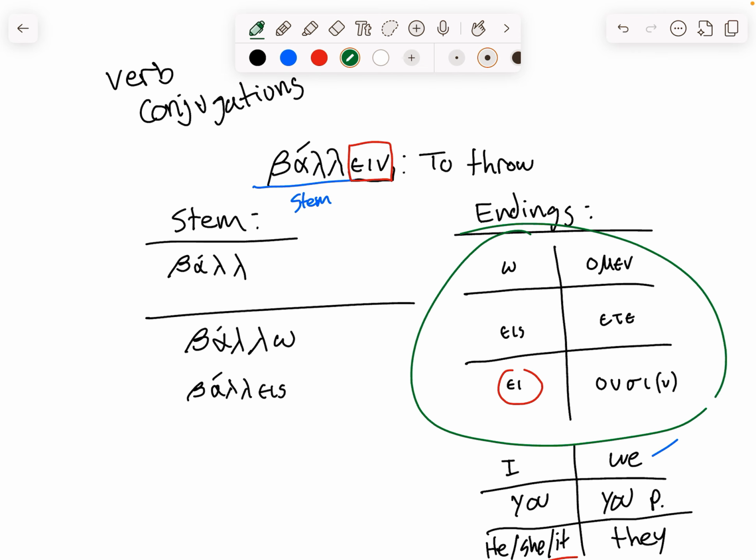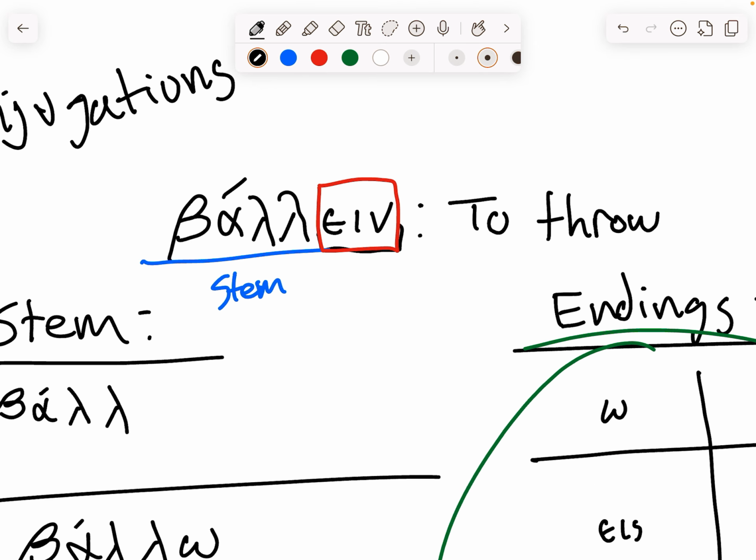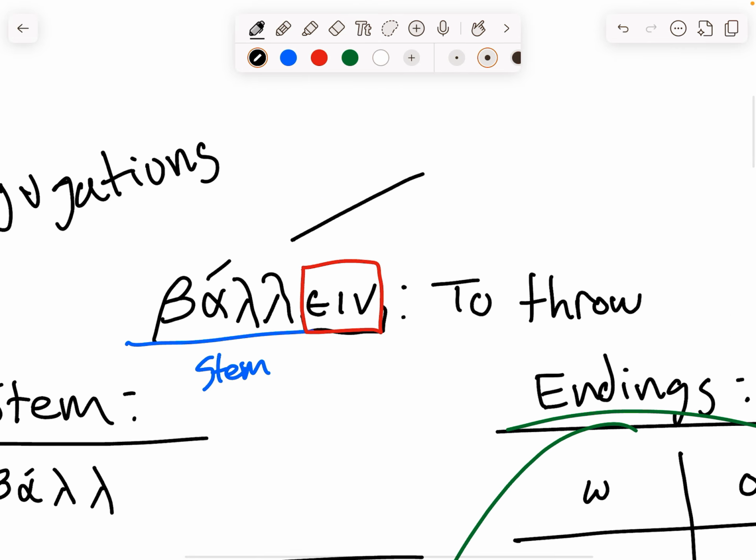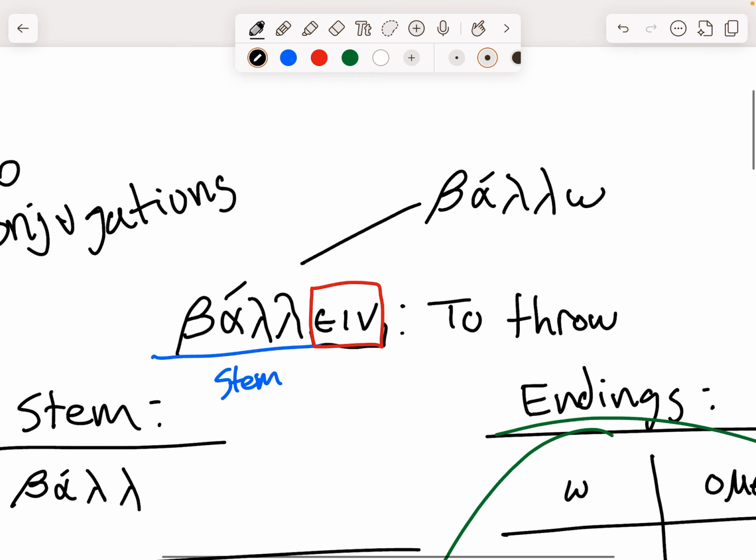Now, for future reference, verbs are not usually given to you in the infinitive. For example, if you look up balein on the internet, you're going to see balo pop up.